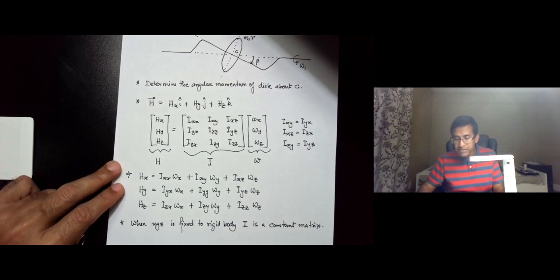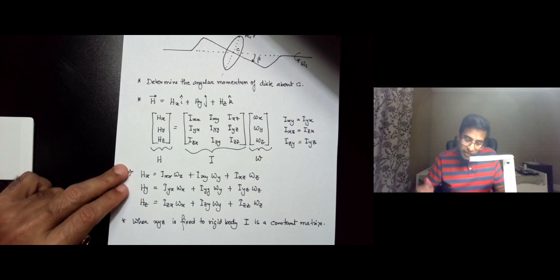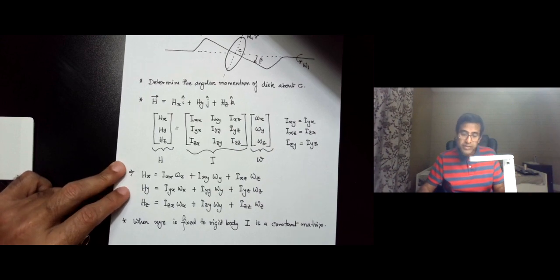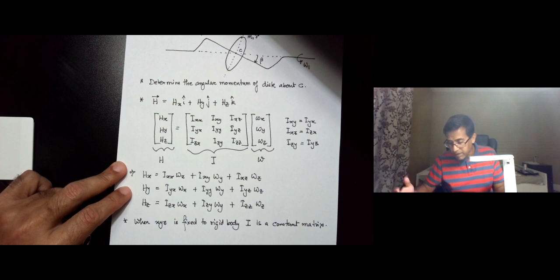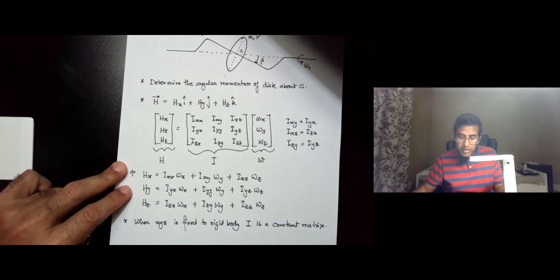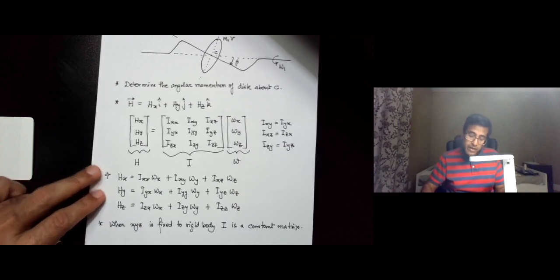So all the entries of I are constant. And so when we differentiate the angular momentum to get the rate of change, all we have to do is differentiate the angular velocities, and if the axes are turning, which evidently will be the case because we are considering axes that are fixed to the rigid body, then those unit vectors have to be differentiated.